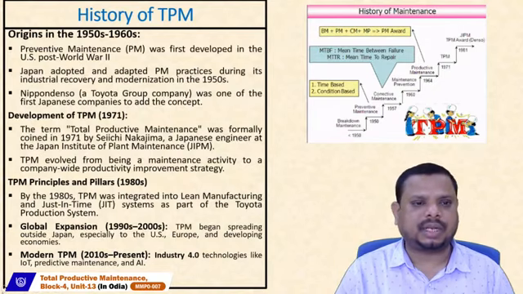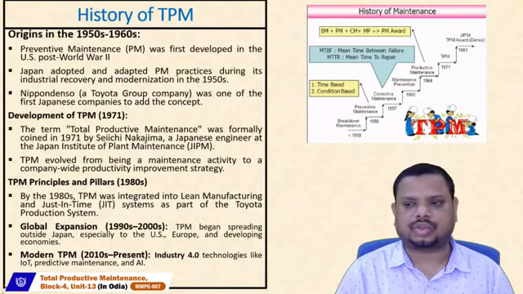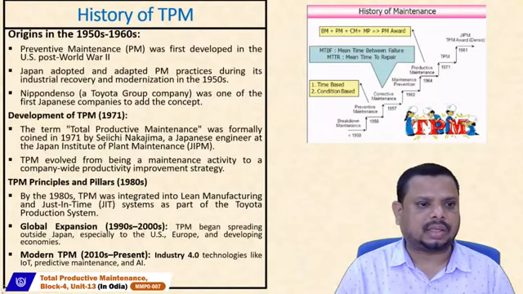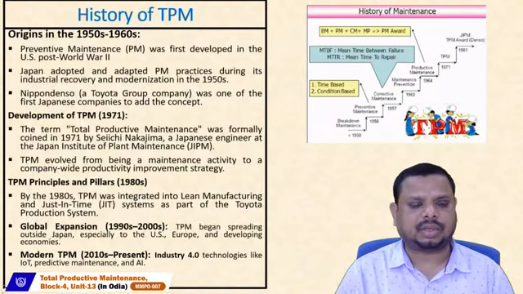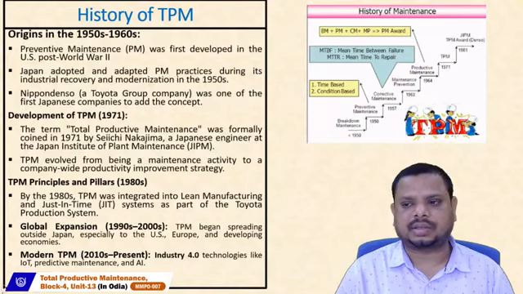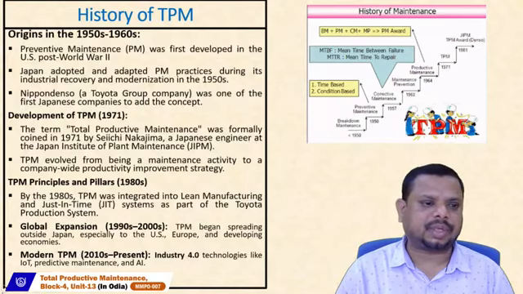Preventive maintenance was first developed in the US after World War II, and Japan adopted this concept, using preventive maintenance practices during its industrial recovery and modernization in the 1950s. The next is Nippon Denso.